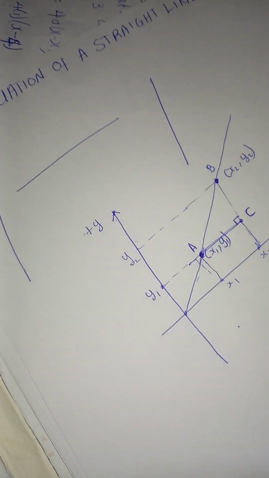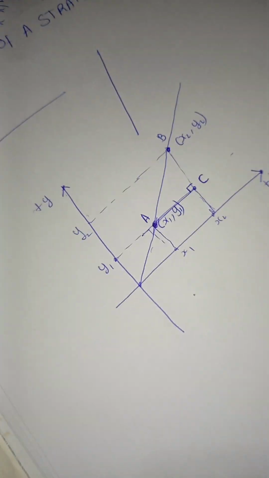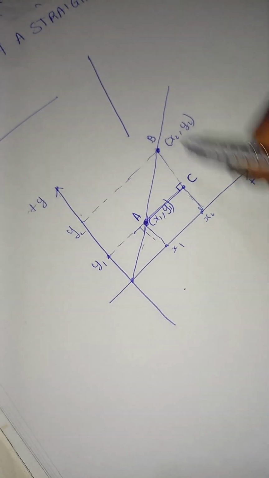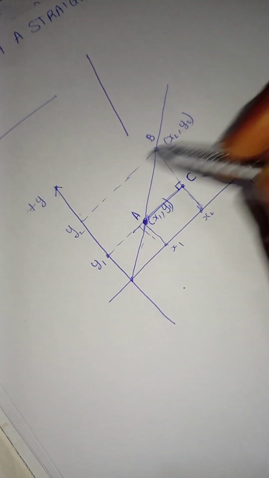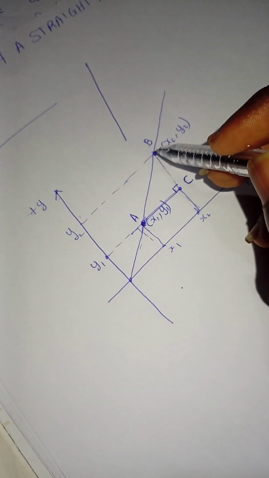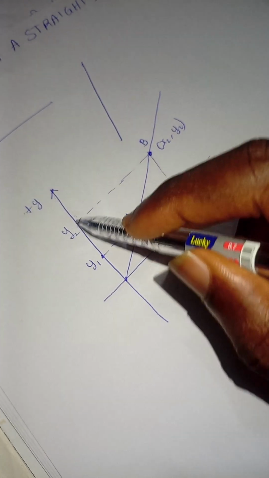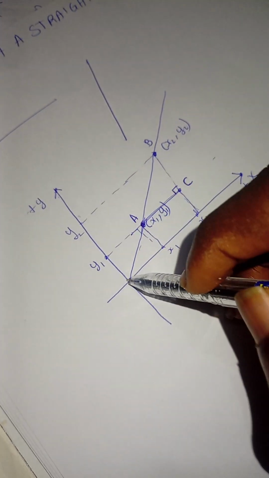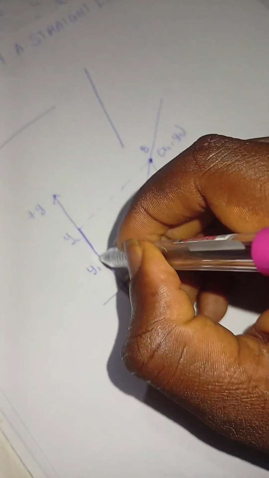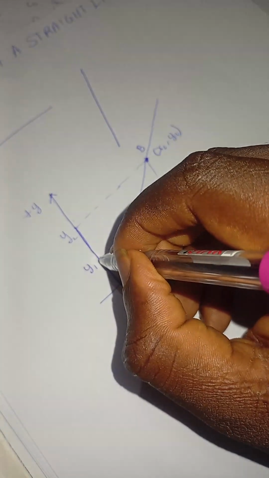Now let me give you a little hint. In this triangle, what do you notice? From here to here, y2 is from this point to this point, and y1 is just from here to here.